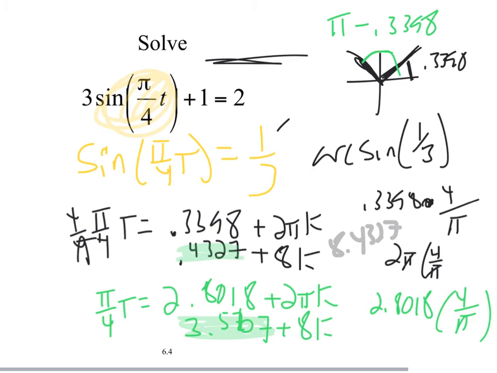And the next answer would be 3.567 plus 8, so it would be 11.567, and we could keep going. I mean, that's why writing out this all solution thing is, I think, a time saver. It's a little more work up front, but it tells you so much more.